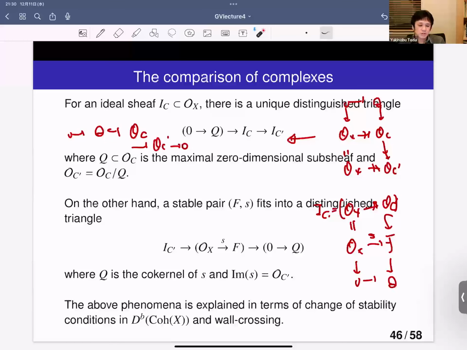So this means that they are constructed using different filtrations. This is regarded as a change of stability conditions, or as different Harder-Narasimhan filtrations.